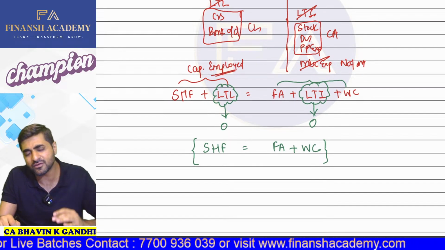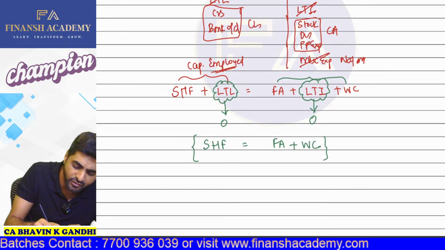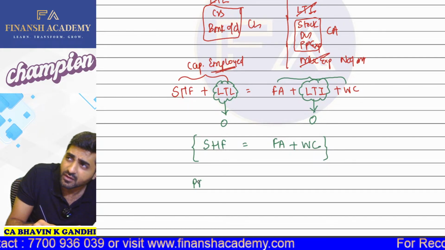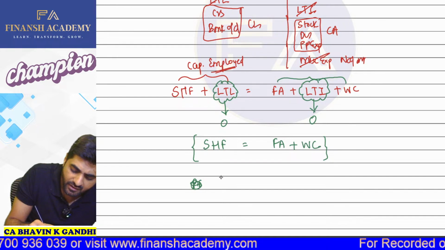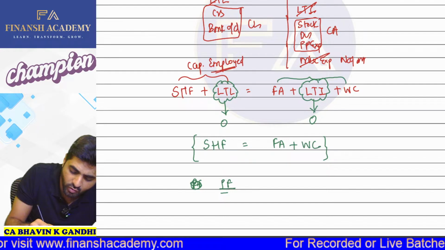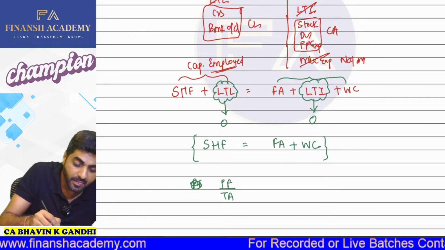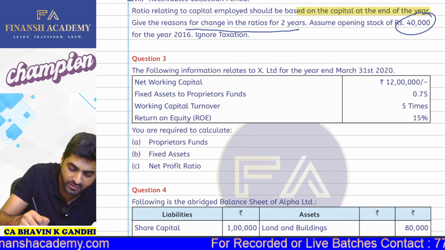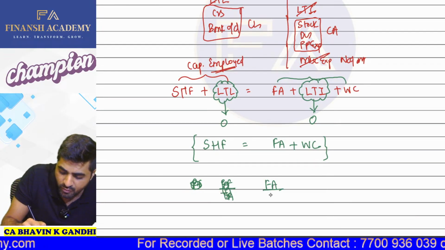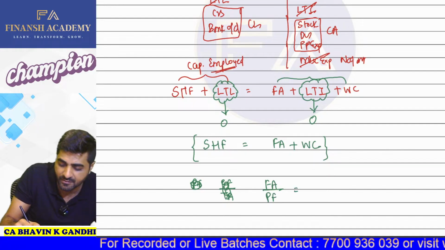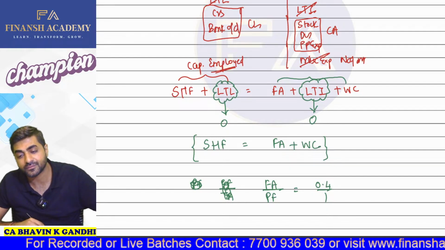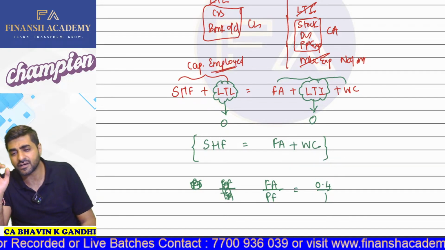Now, if I tell you about proprietors' funds, here they have given you a ratio: fixed assets to proprietors' funds. Suppose it is 0.4 is to 1.